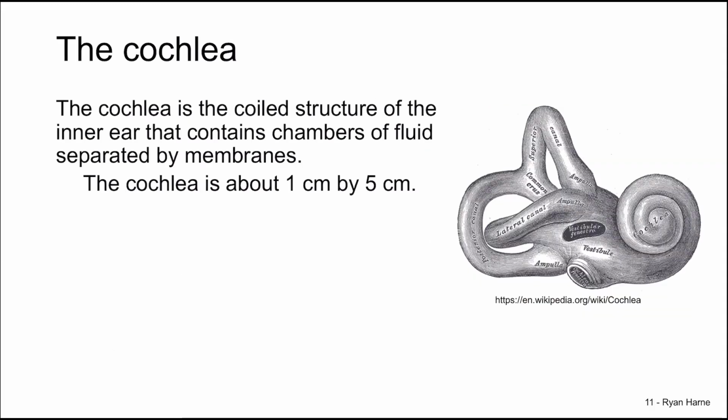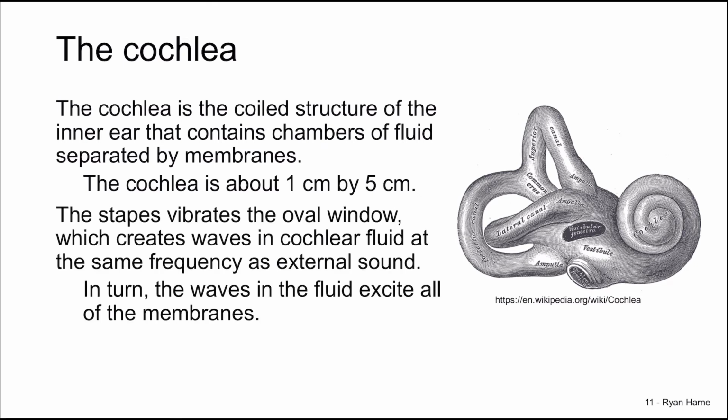This is a coiled structure embedded within the temporal bone that's about 1 centimeter by 5 centimeter. It is coiled. One side contains the semicircular canal, but the other side contains a sequence of coils. The stapes causes the oval window to vibrate, and this creates waves in the cochlear fluid at the same frequency as the external sound.